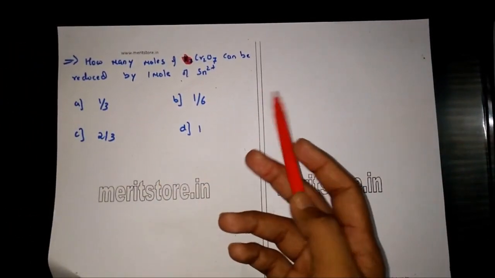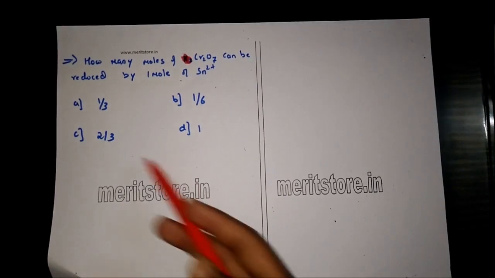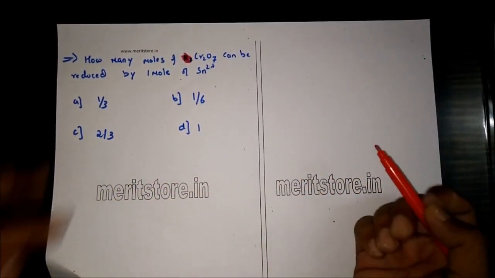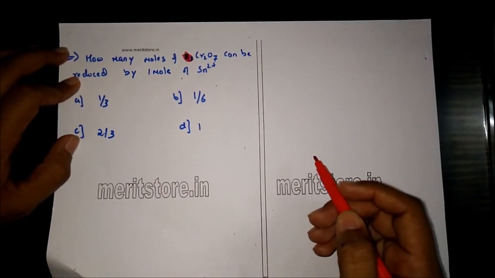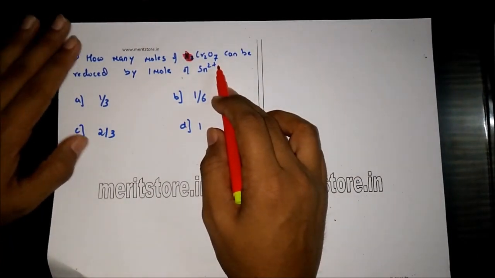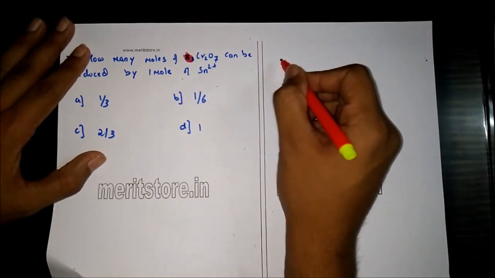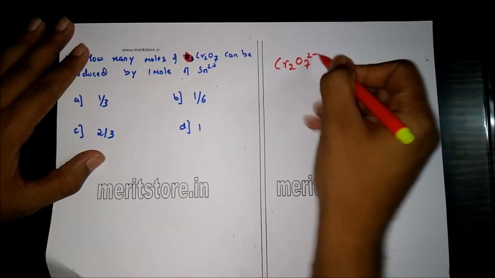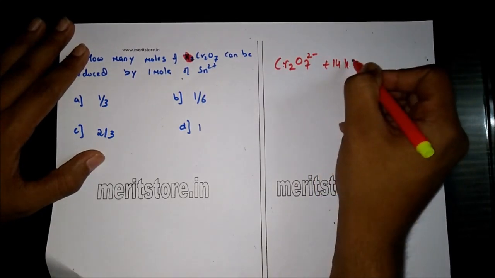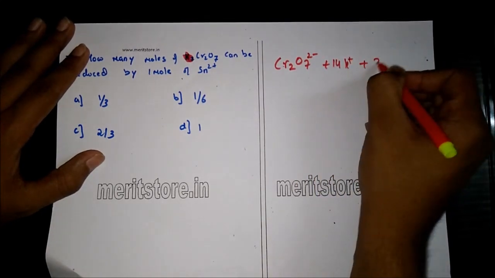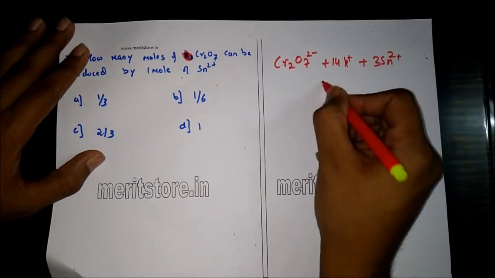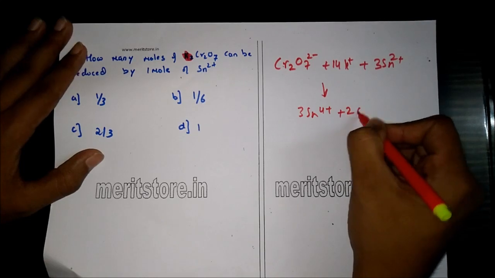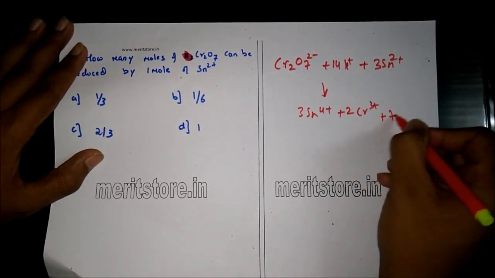Moles of Cr2O7 that can be reduced by 1 mole of Sn2 plus: A 1 by 3, B 1 by 6, C 2 by 3, and D 1. Now let's look at the reaction where Cr2O7 is reduced to Cr3 plus using Sn2 plus. Therefore, Cr2O7 2- plus 14H plus 3Sn2 plus gives 3Sn4 plus 2Cr3 plus 7H2O.